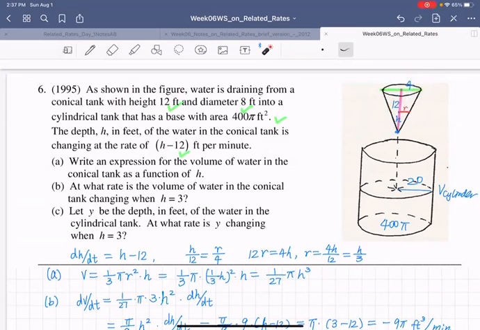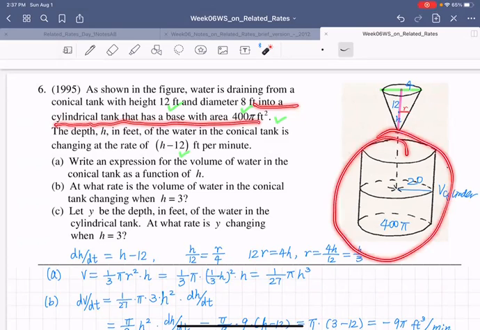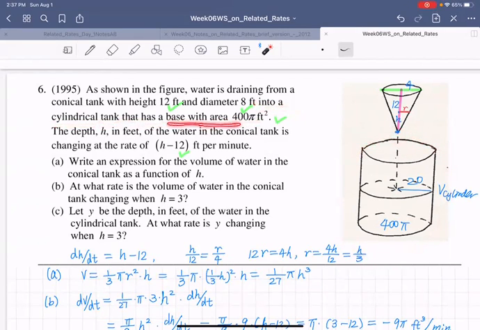Okay, so we are done for this one. Into a cylinder tank. This is a cylinder tank. Area 400 pi. If the base is 400 pi, this is pi r squared, so r will be 20.